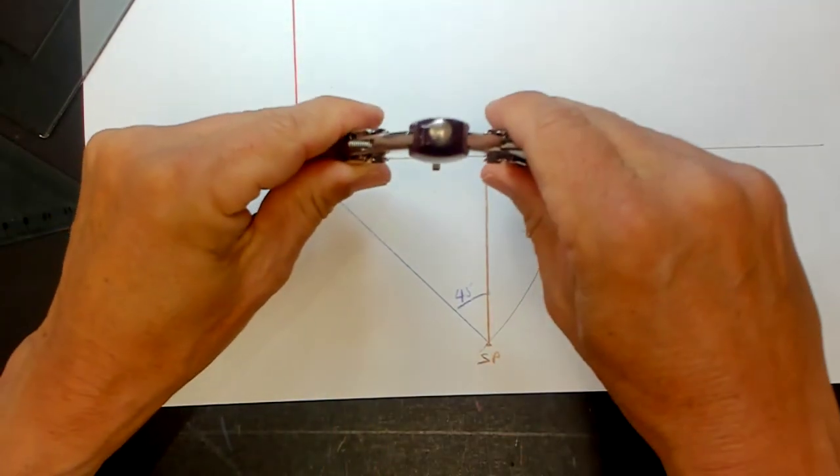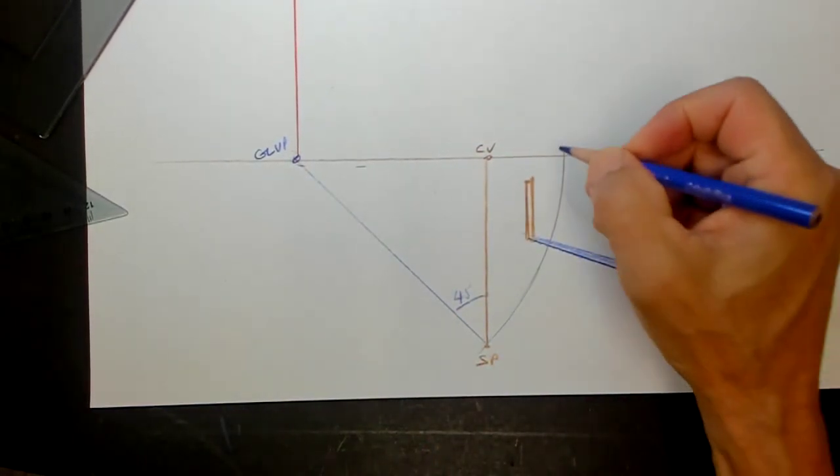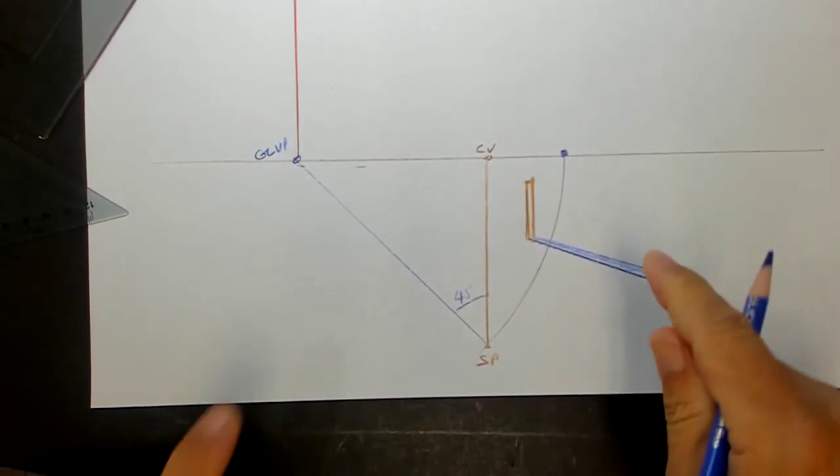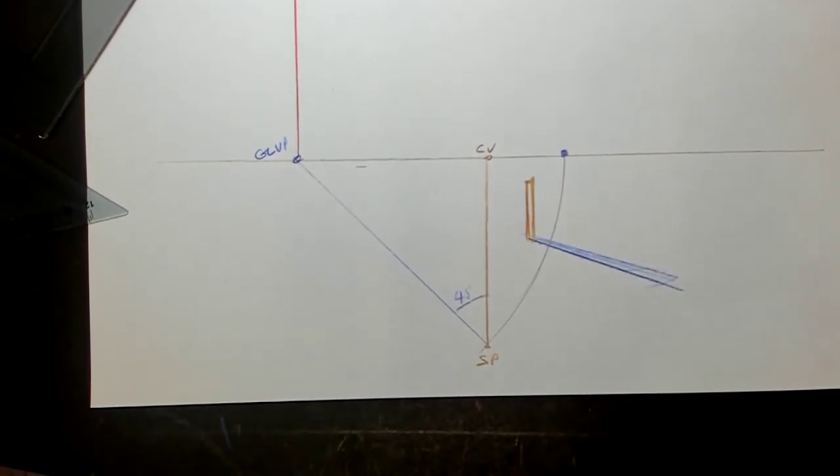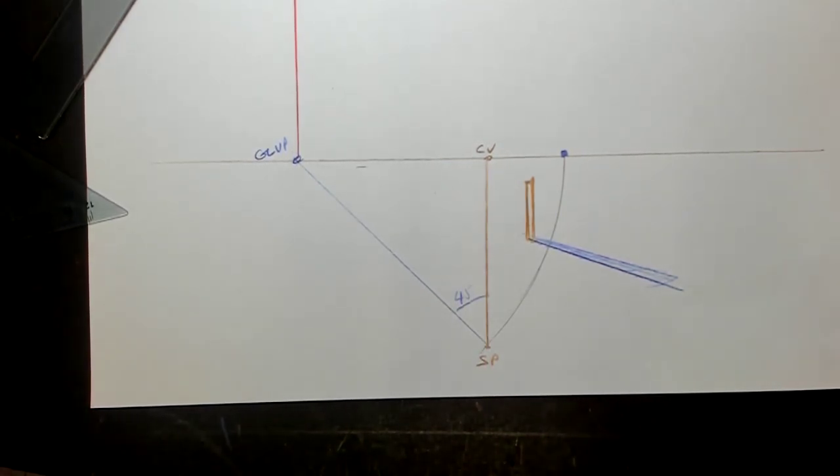You take that and swing this up. This would be, well, if we're drawing a physical thing, a measuring point for this ground line vanishing point, but we're not really using it as a measuring point, so I don't like calling it a ground line measuring point, but I don't have a better word for it.